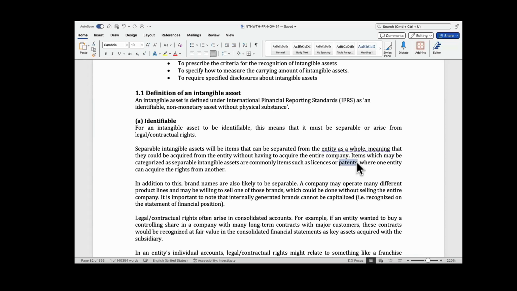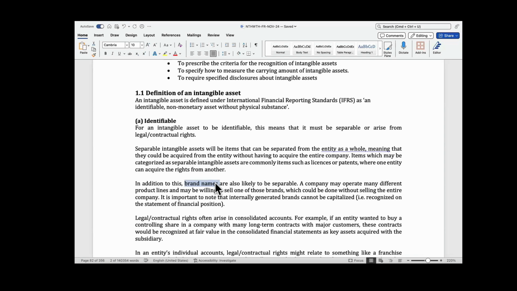Another example of intangible assets that is separable is a brand name. For example, let me say GT Bank, just for example. If they have a brand name, they can say, use our name.